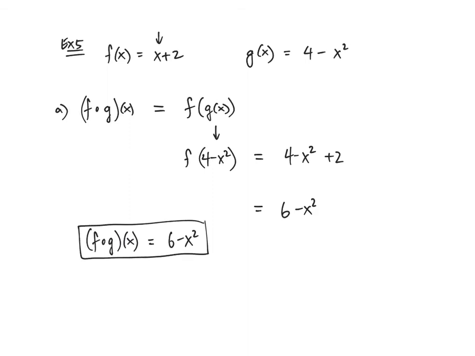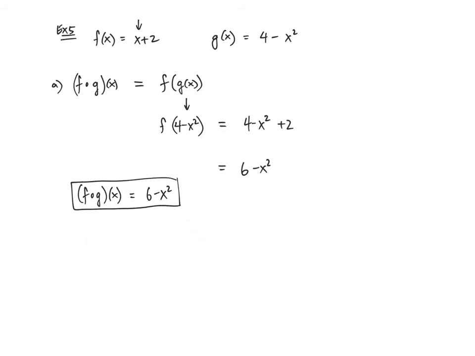Okay, pretty basic. Now if you go the other way, let's do g of f of x. That means the g is the outer function, the f is the inner function. So f of x is x plus 2, and so we're going to input x plus 2 into the g function right there.